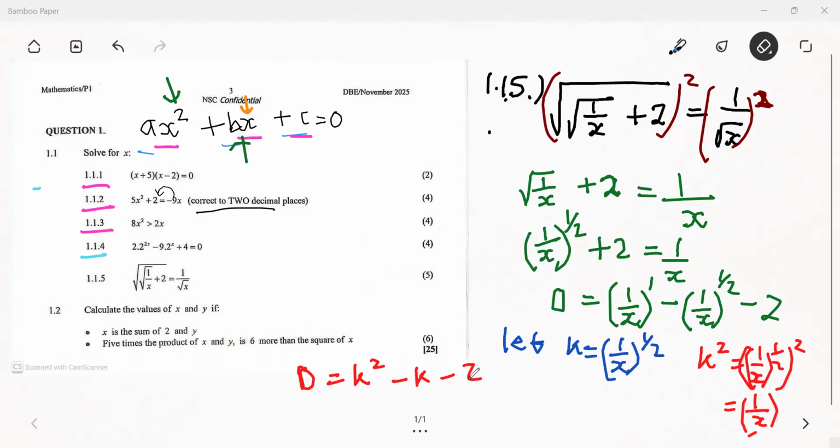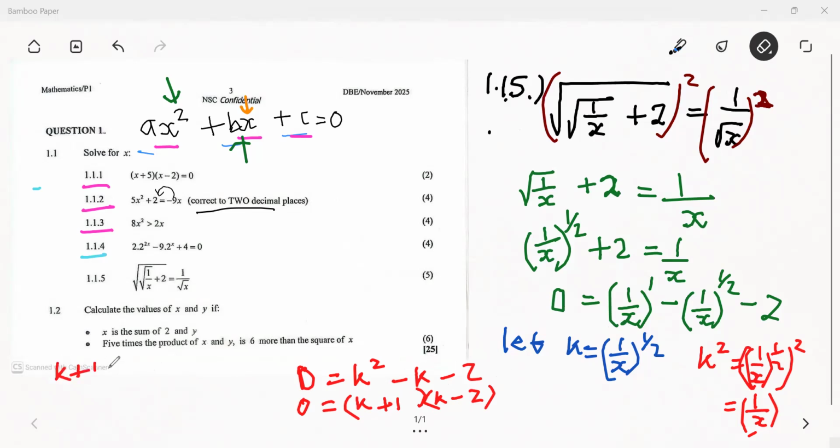So this is the quadratic you actually end up dealing with. Once you factorize it, you get k plus 1, k minus 2.